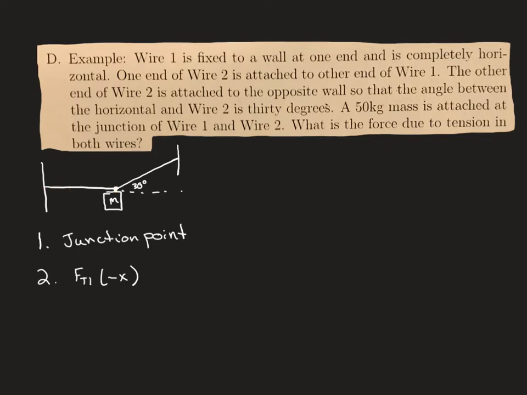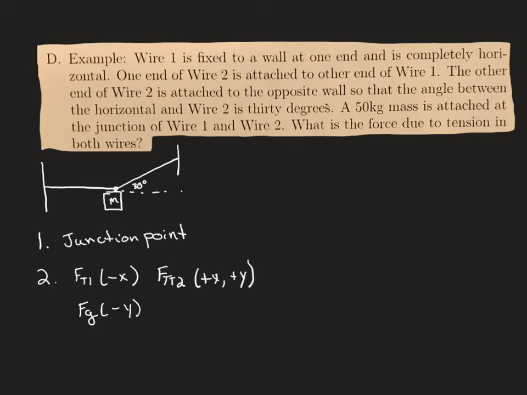If the tension went the other way, this would actually fall down. Next, the force of tension 2 is going to be in the positive x and the positive y, because the wire is going to pull up toward the wall. And our last force is the force of gravity acting on the mass attached at the junction point. We're assuming the ropes themselves are massless, which we will do for most ropes in this course.